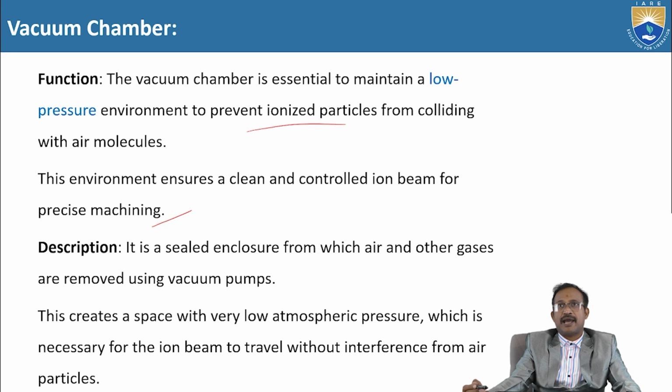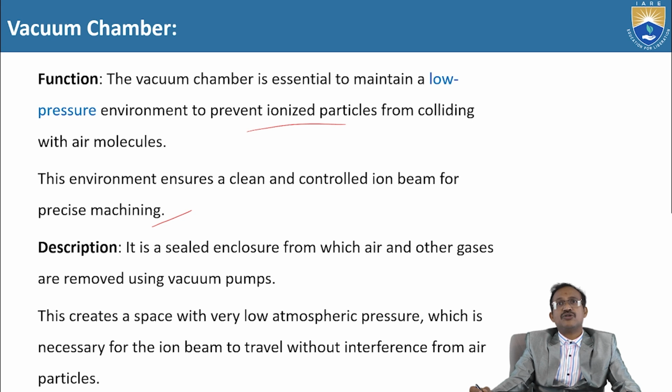That should not happen. If there is any deviation, the workpiece material removal will not be as per our expectation. So that's why we are creating a vacuum environment for the perfect impacting of the ions onto the workpiece surface. Let us see the description.